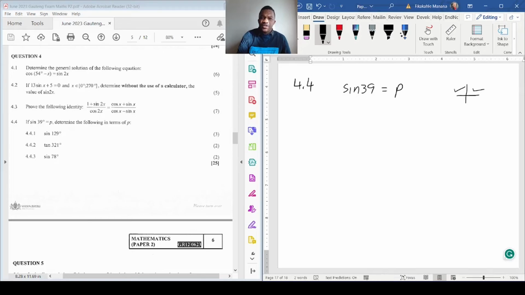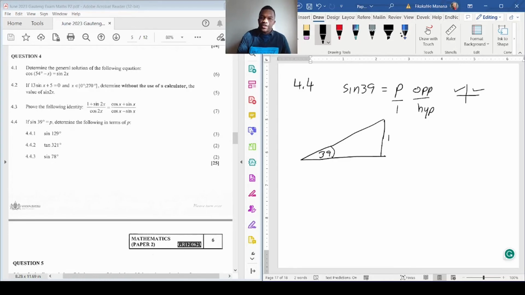Let's just draw a simple triangle like that. So that's going to be 39 there, and sine is opposite over hypotenuse. What's our hypotenuse, you ask? It's just 1.